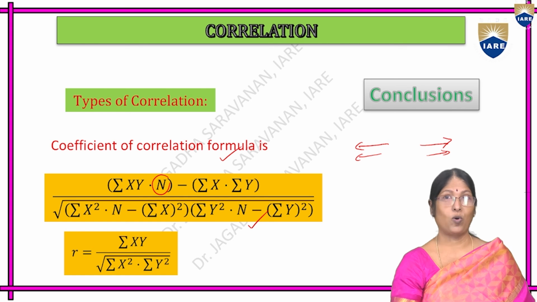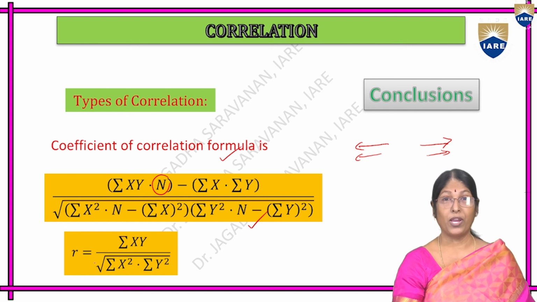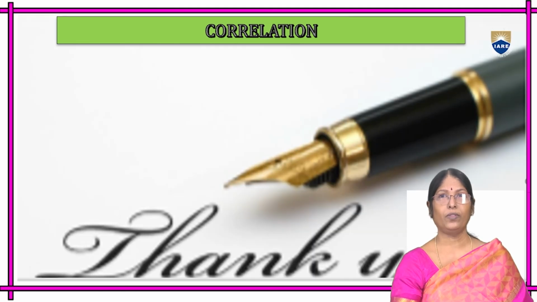One more formula we also discussed: R equals summation xy divided by the square root of summation x square into summation y square. Everything in detail we discussed through this video.